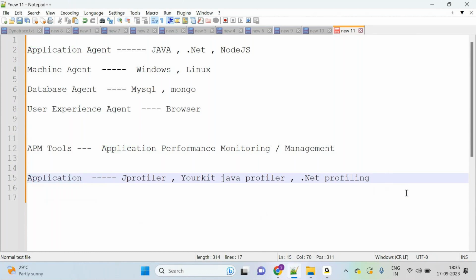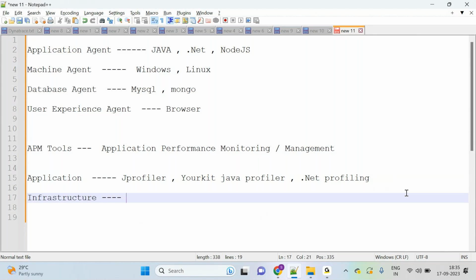Similarly, for infrastructure, we used Perfmon for Windows monitoring, or VMstat, NetStat, IOStat, SAR, TOP, or even Nmon.